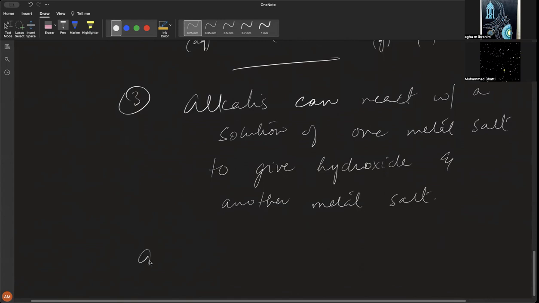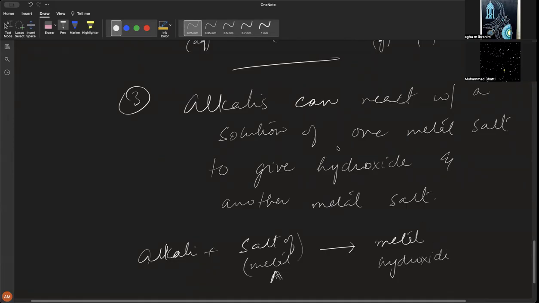It's what it is. Alkali plus, let's say, salt of metal A reacts. It forms a metal hydroxide as mentioned, and salt of metal B. How?